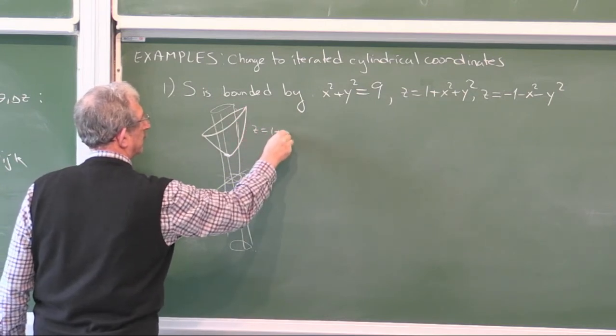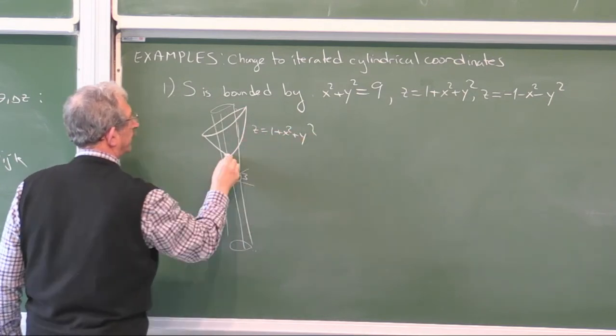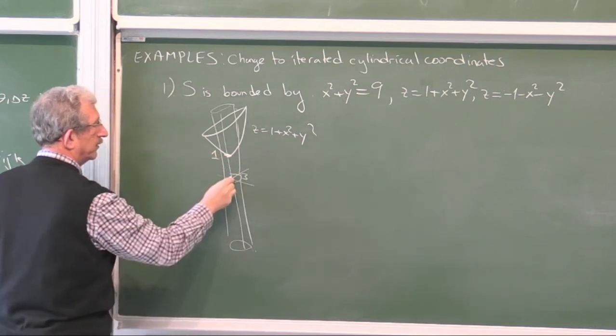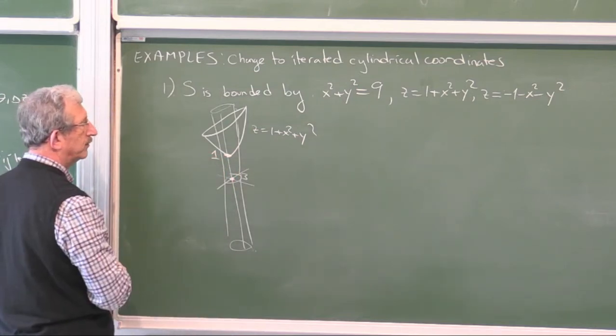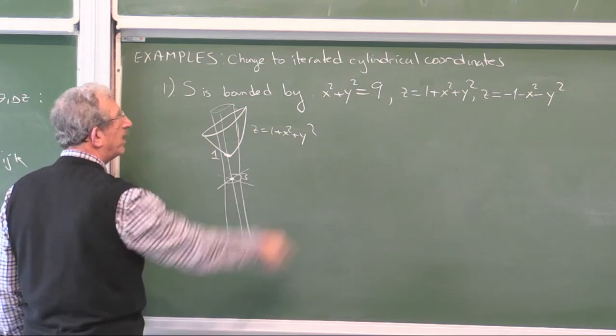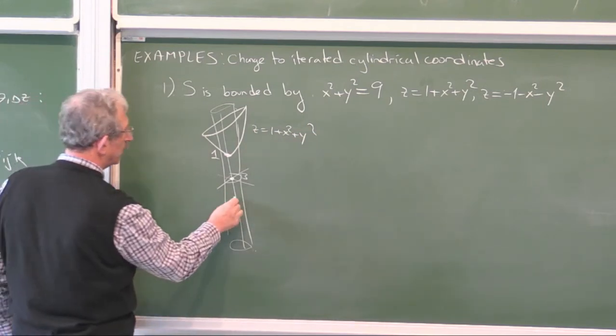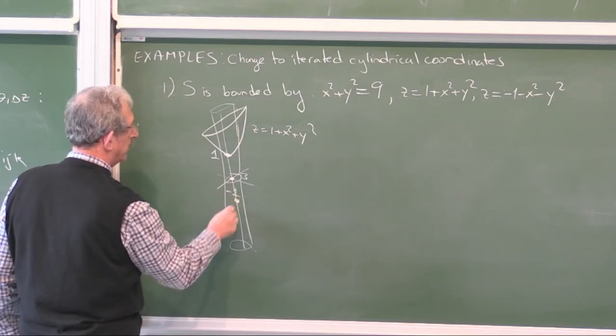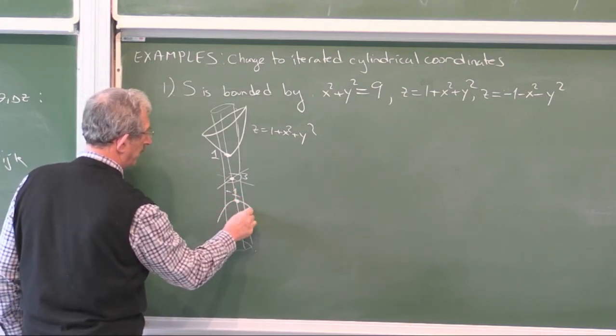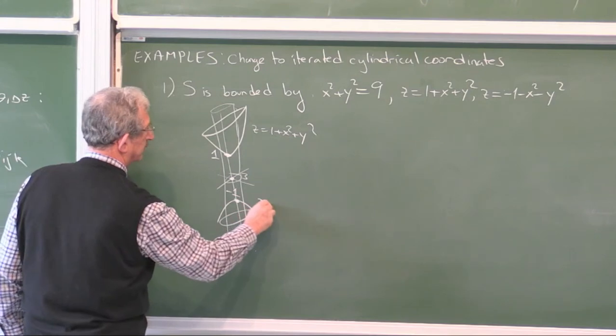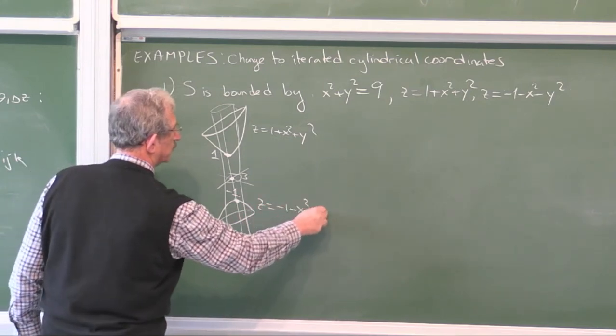Where this point is 1. Remember, this was the 0 point. And at the bottom, we have the negative of this, so it's directly symmetric. And so here we have -1, and that is -1 minus x squared minus y squared.